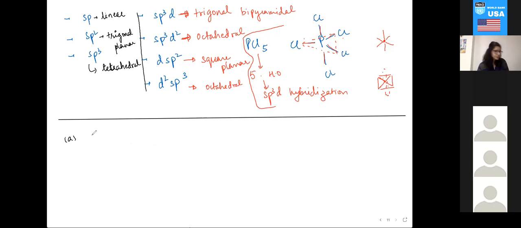First one is methane. Put it on chat because I want all of you to answer it. What do we have to do? Give me the type of hybridization: SP, SP2, SP3 or SP3D, SP3D2.